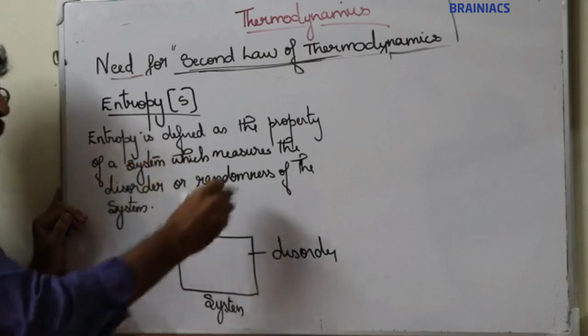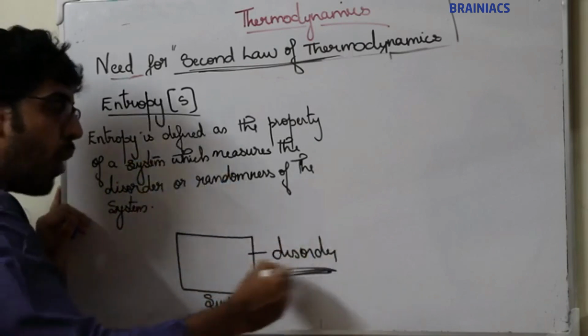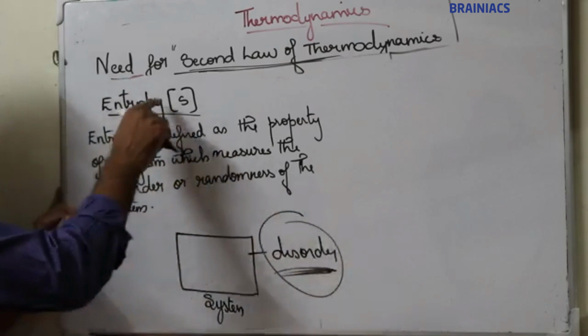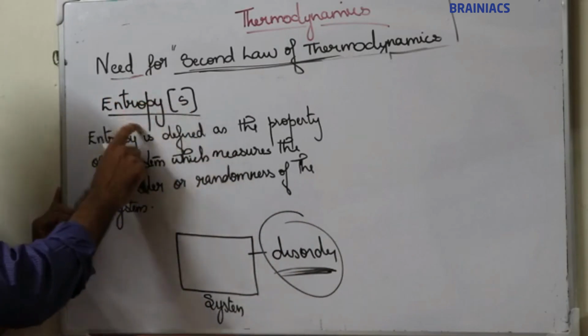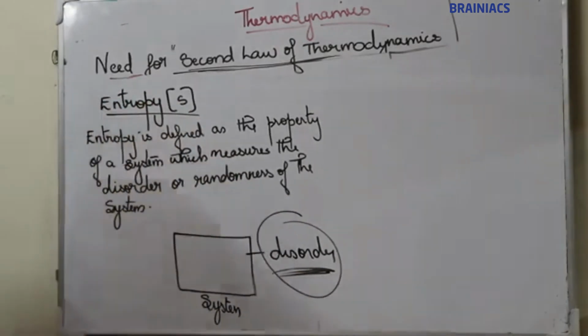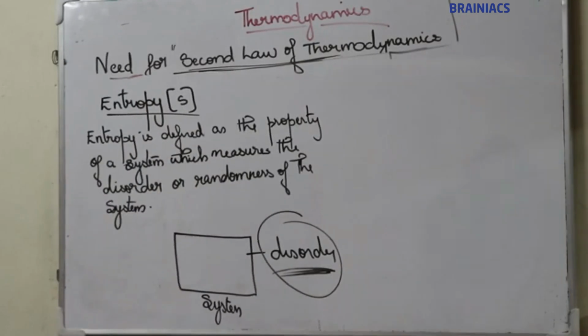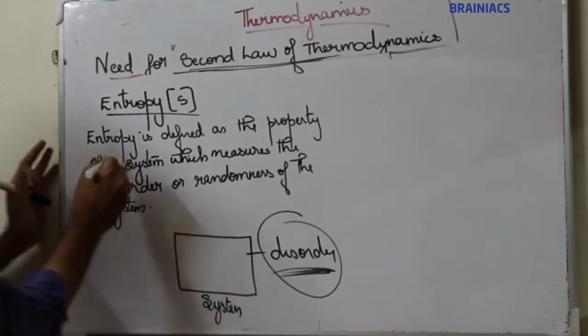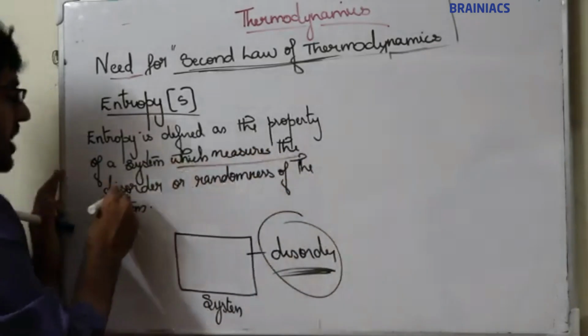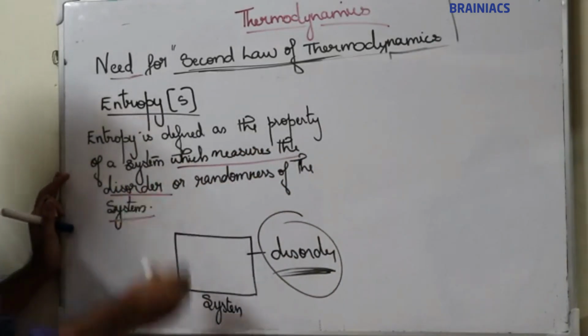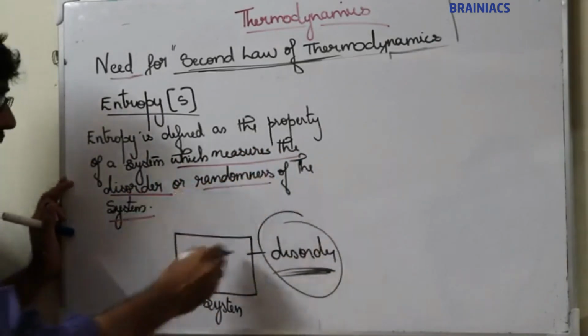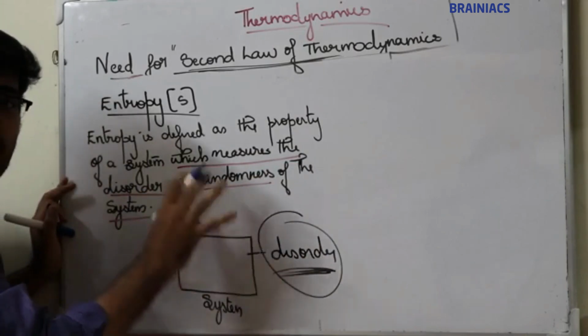The amount of disorder present in a system is represented by S. It's known as entropy.